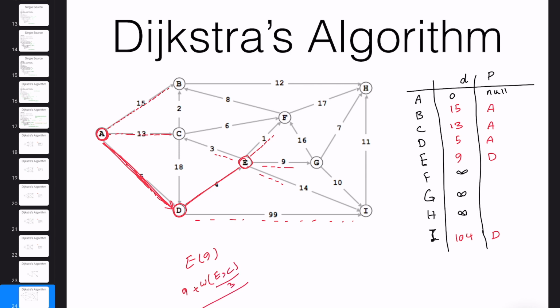The total cost here is going to be 12. It is less than the already existing cost of 13 for C, so we are going to update that, and the parent is also going to be updated to E.